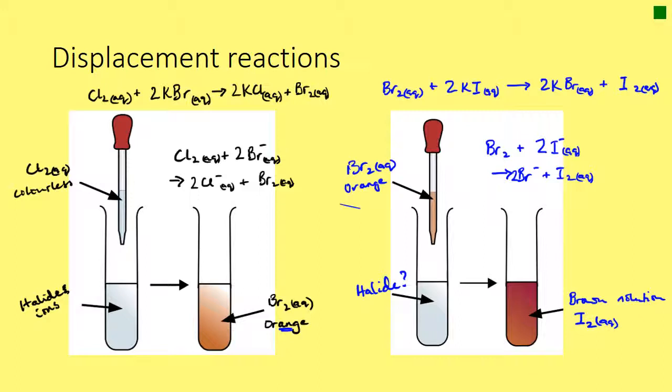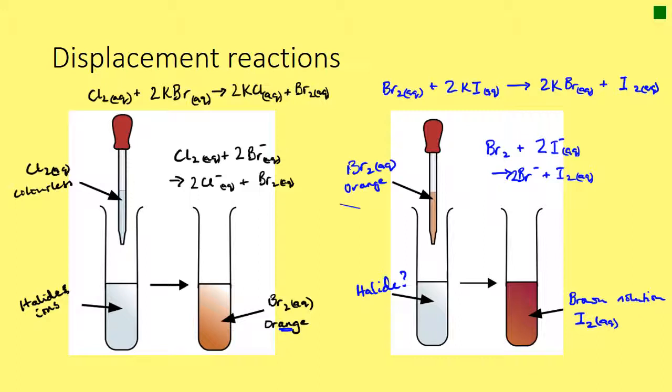We get a brown solution because it's not still colourless and not orange, so it's not the other two possibilities. We know that what we've got is iodine water, just iodine molecules dissolved in water.